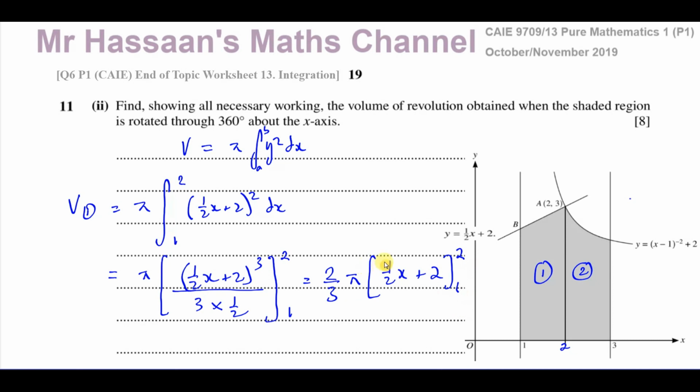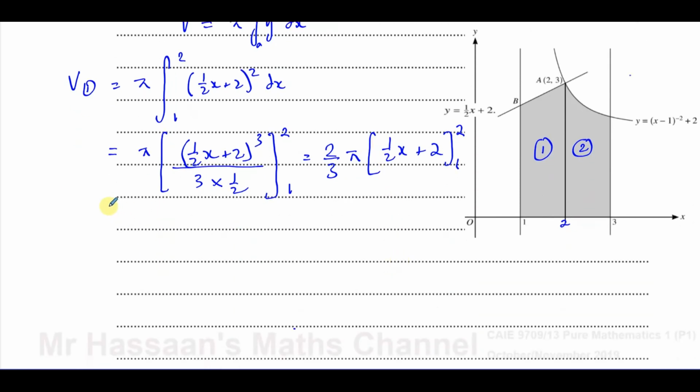So now we're going to substitute in those limits and find our volume. Volume 1, therefore, is going to be 2/3 of pi times, I'll put 2 in here first. Half times 2 is 1. 1 plus 2 is 3. And that's cubed, by the way. I forgot the cube. Sorry. Don't make silly mistakes like that.